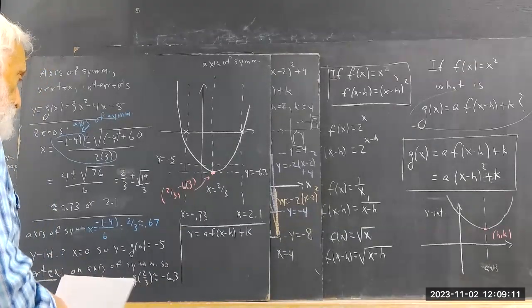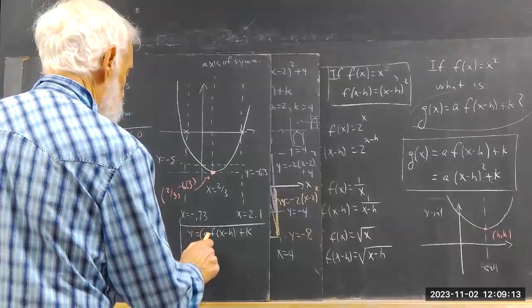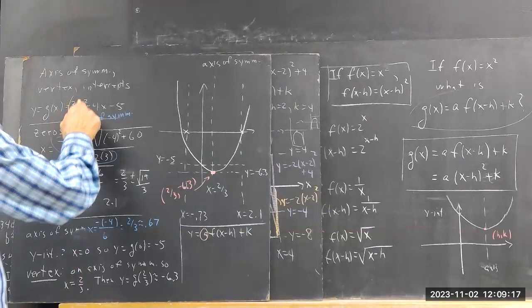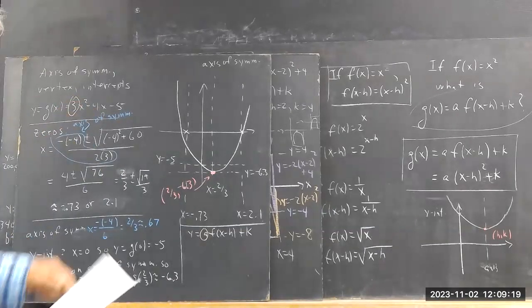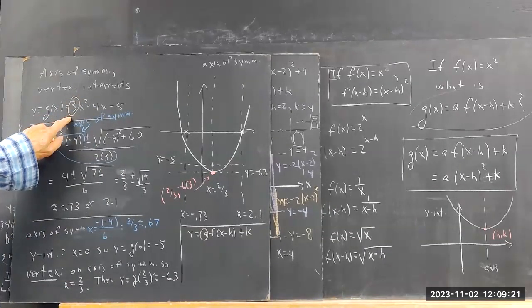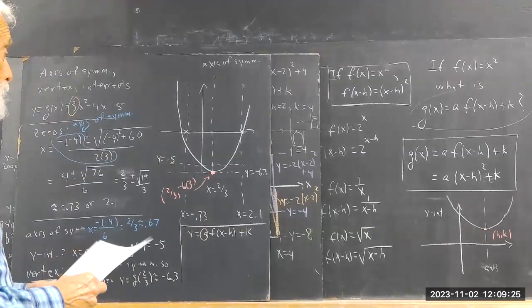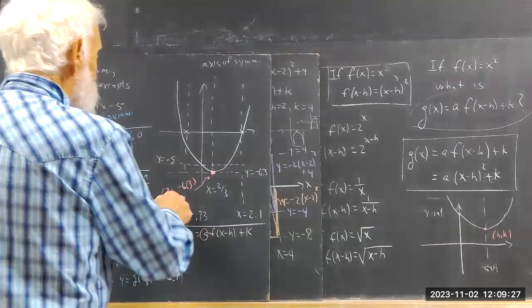A is the same here as it is here. We recognize this as the coefficient we usually call A when we do the quadratic formula. So it's just going to come over. H is 2/3.